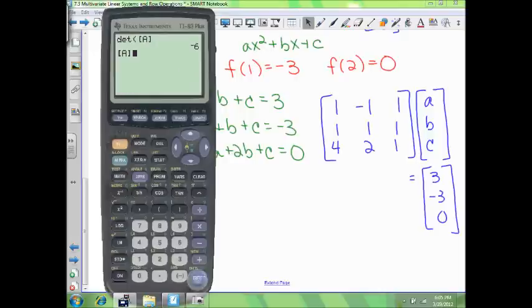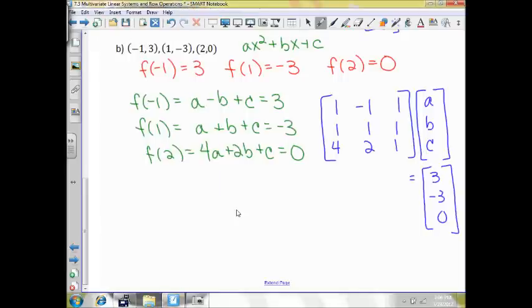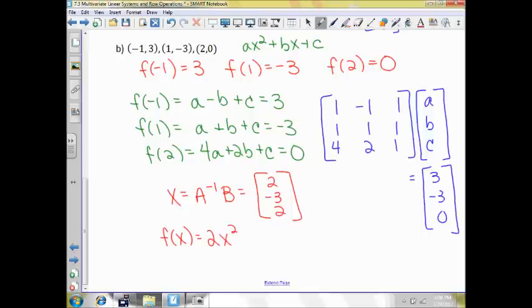Let's multiply matrix A inverse times matrix B. You get 2, negative 3, 2, which means my equation, f of x, will equal 2x squared minus 3x plus 2.